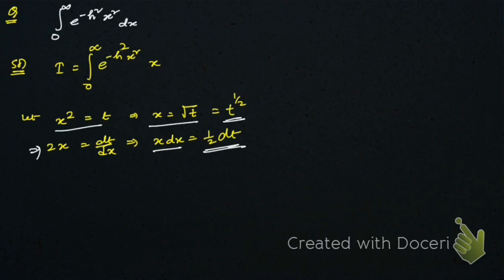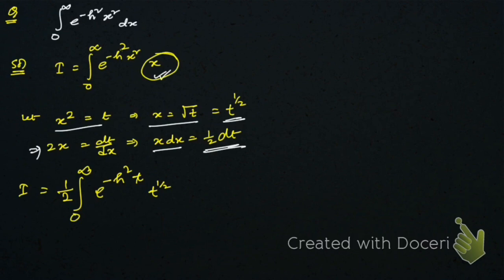So then here you see this integral will be equal to, here we will get I is equal to 1 by 2 integration from 0 to infinity e to the power minus a c square, x square is replaced by t, and x will be replaced by t to the power half, right?